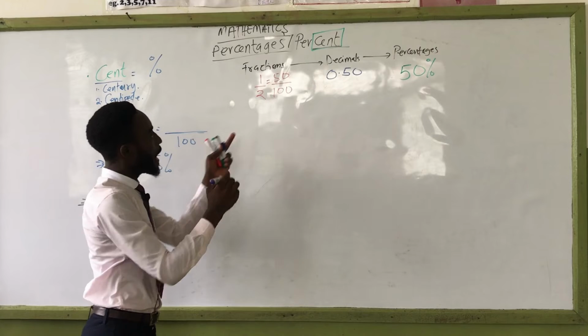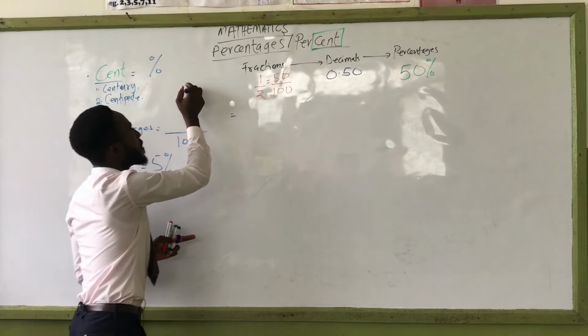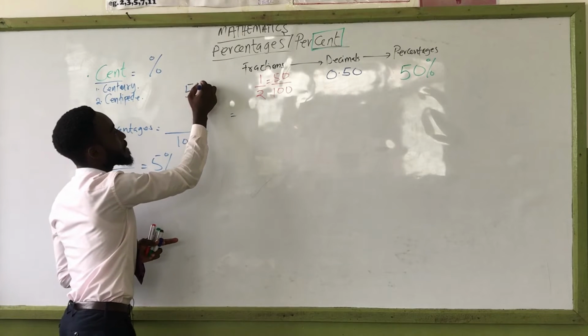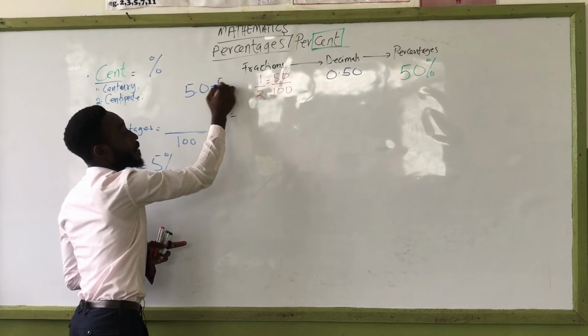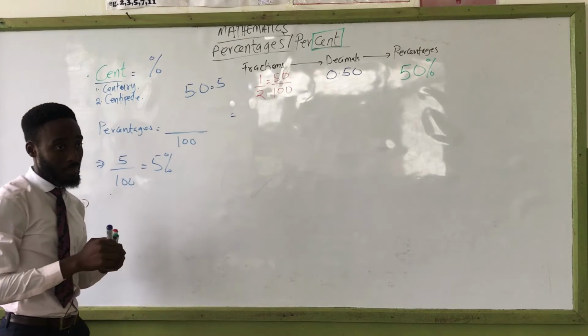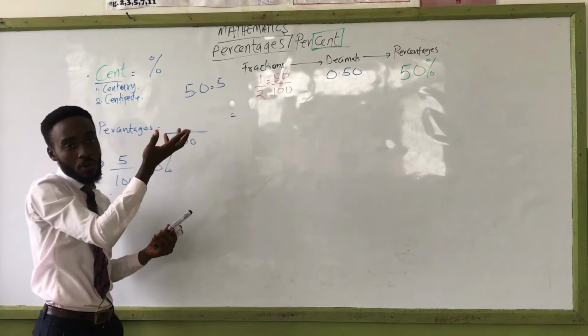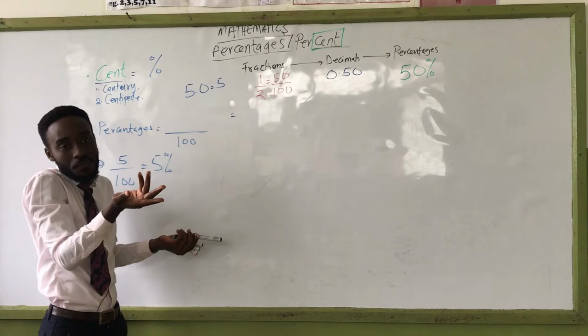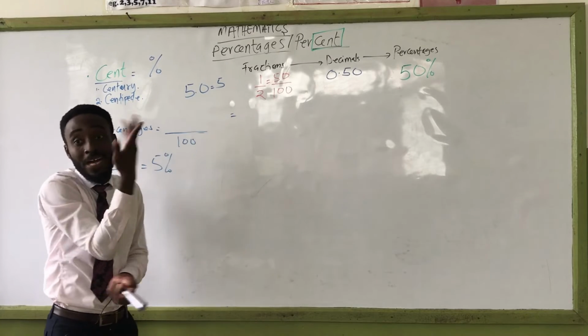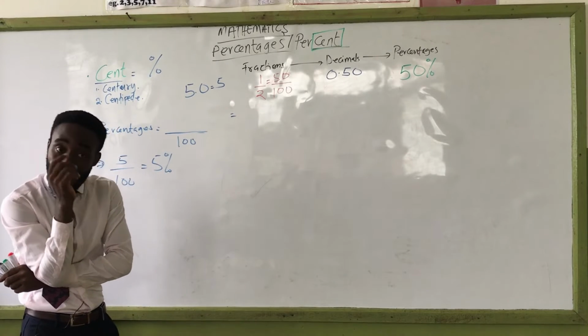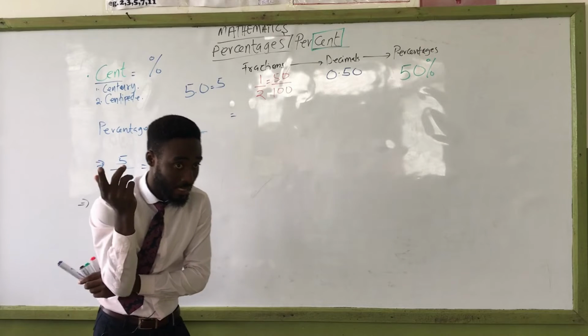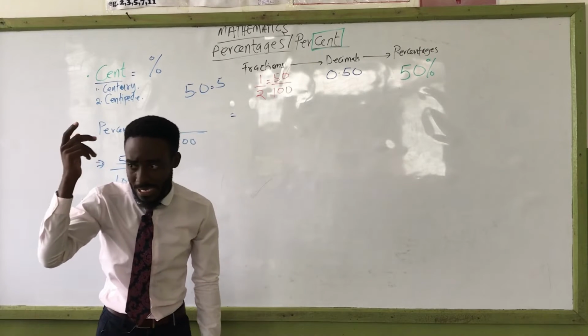Every number has a decimal part, so 5.0 is the same as 5. You've got 5 whole and no tenths, but usually we just keep it as 5. We don't usually write the 0.0, but every number has it. Do we get that? Yes.